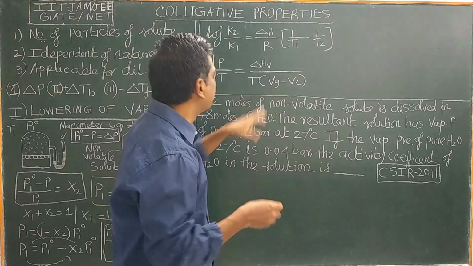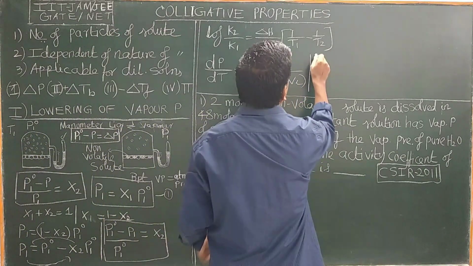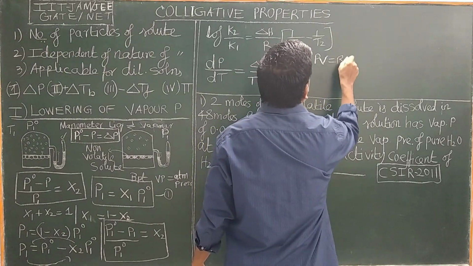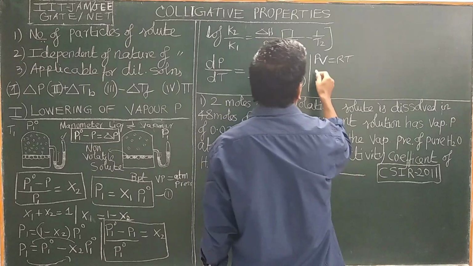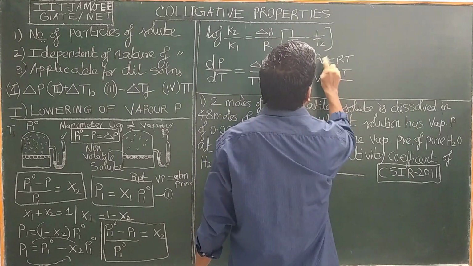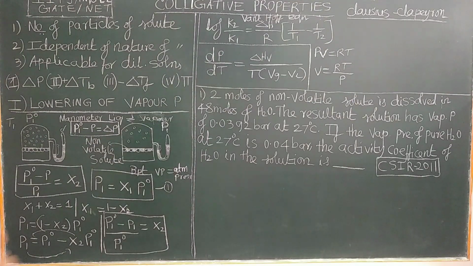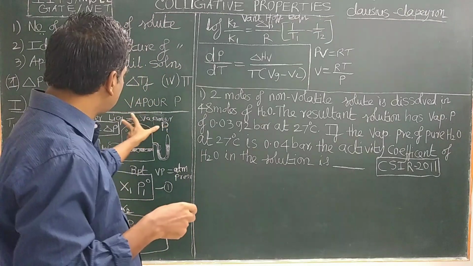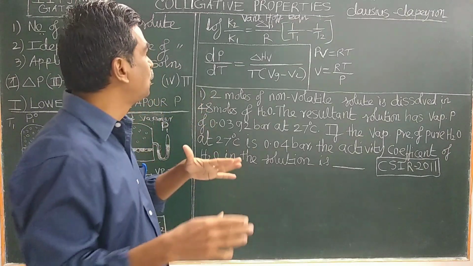Okay, now on substituting, for example, PV is equal to nRT, therefore instead of V, you can write RT by P. This is an equilibrium process, similar to chemical equilibrium.